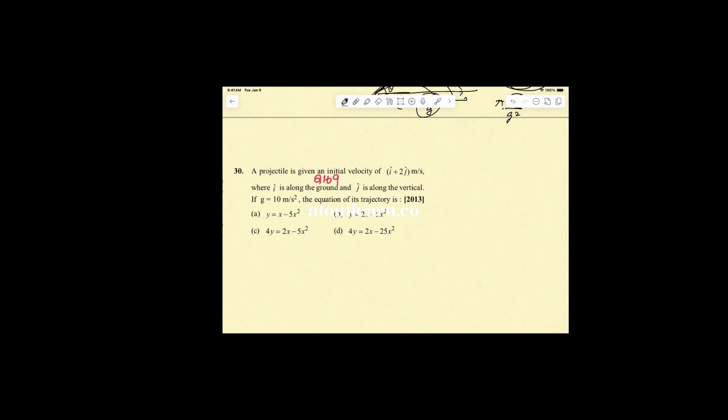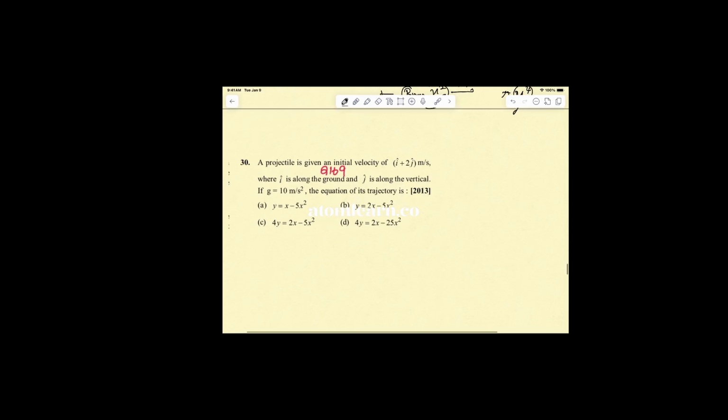Then the area of the circle with radius u squared by g is pi into u power 4 by g squared. Okay, then go to the next question.